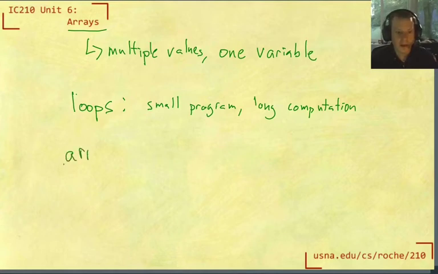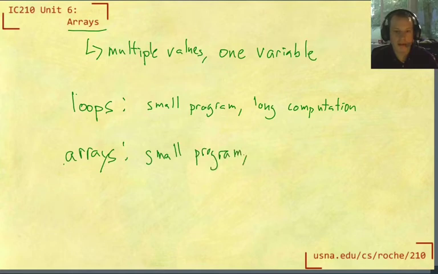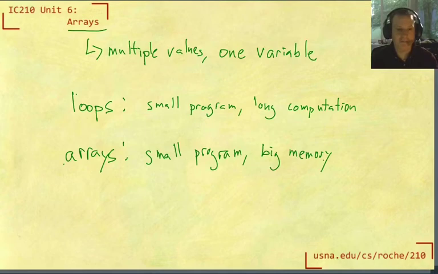Arrays are the same kind of concept, but now we can have a small program that uses a lot of memory. Again, this allows us to take advantage of the strength of our computers. The computer sitting on your lap right now has billions of bytes of storage available inside it for your programs to use.